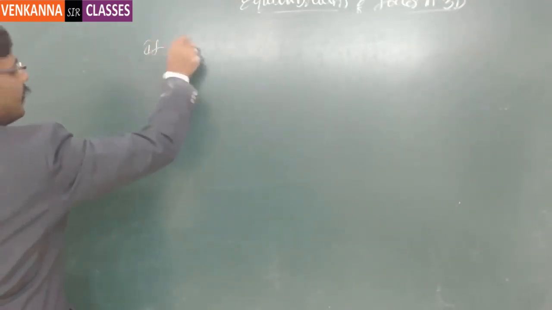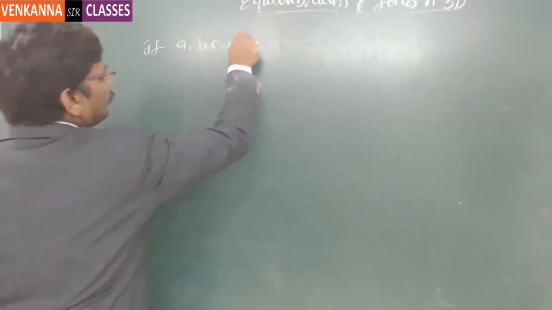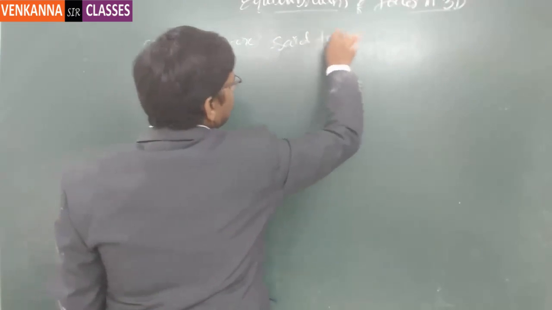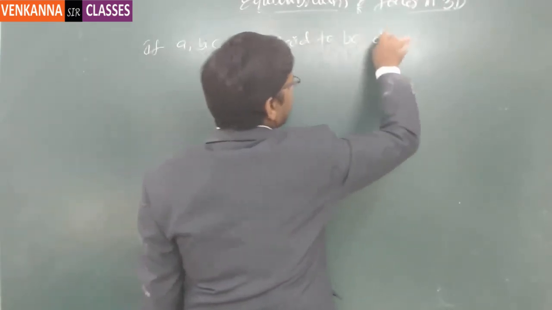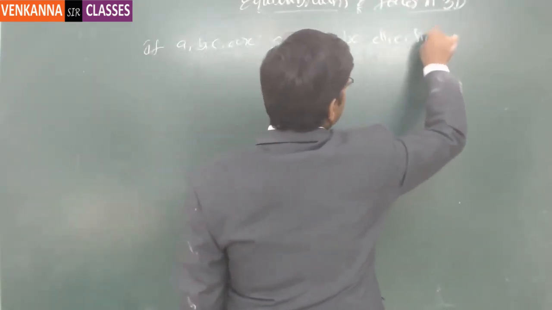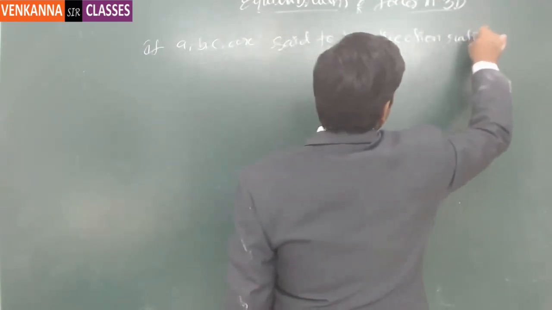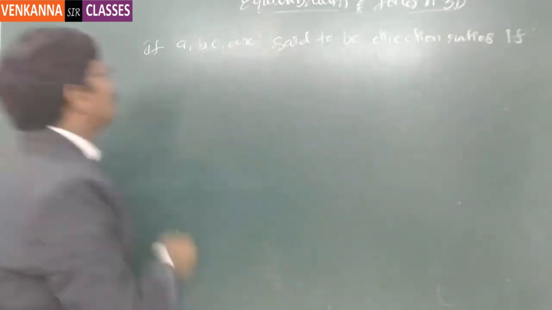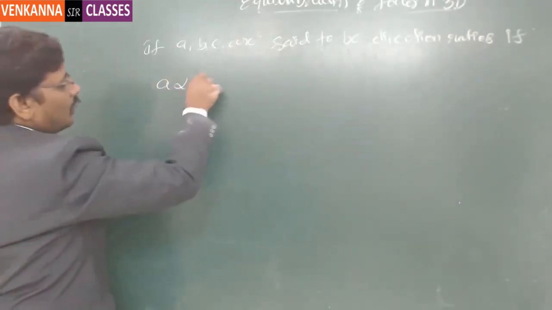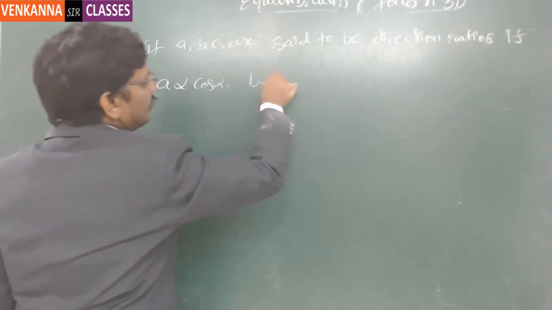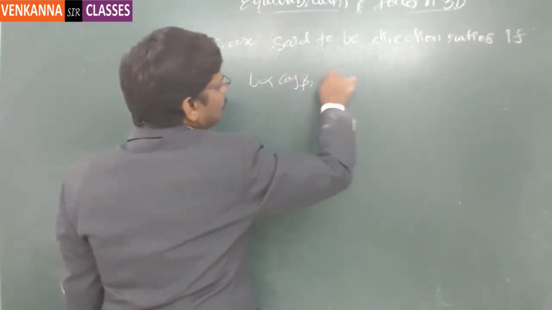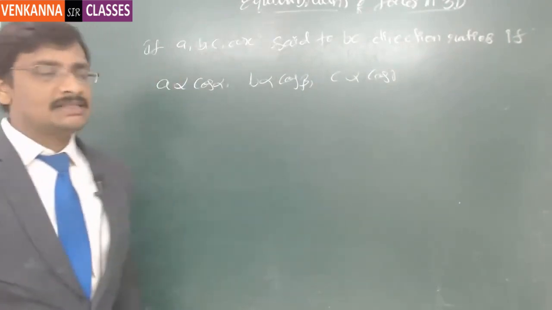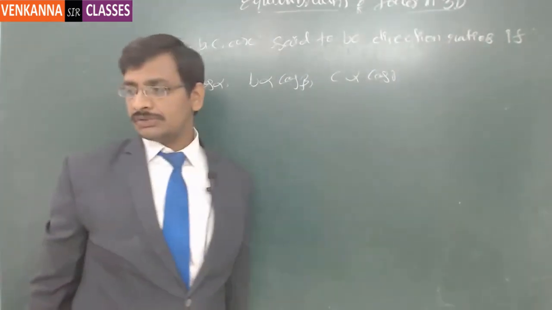If A, B, C are said to be direction ratios, if A is directly proportional to cos alpha, B is directly proportional to cos beta, and C is directly proportional to cos gamma, then we call these the direction ratios.